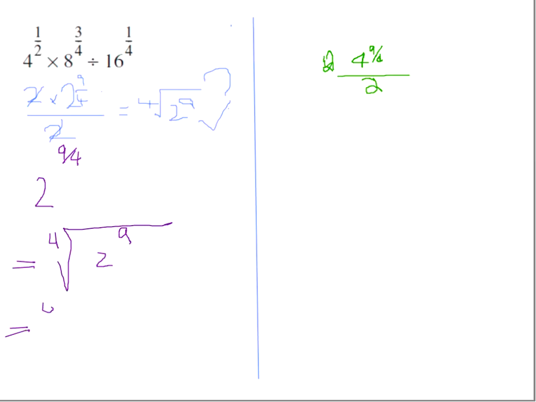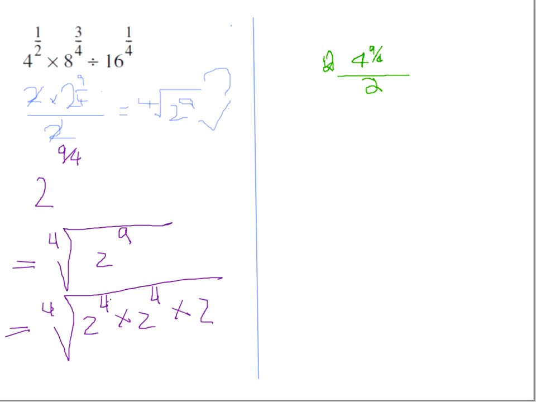Notice that that is the same as the 4th root of 2 to the power of 4 times 2 to the power of 4 times 2, because 4 plus 4 plus 1 gives you 9. So we basically break this up as 2 to the power 4, 2 to the power 4, and 2. And why do I do that? Because I know the 4th root of 2 to the power 4 is 2.